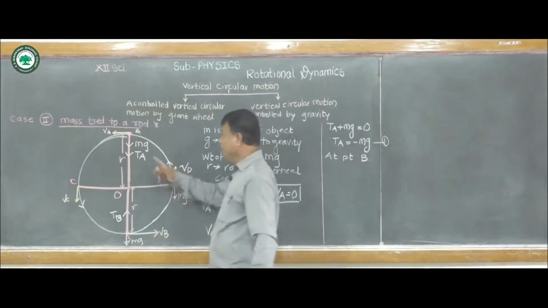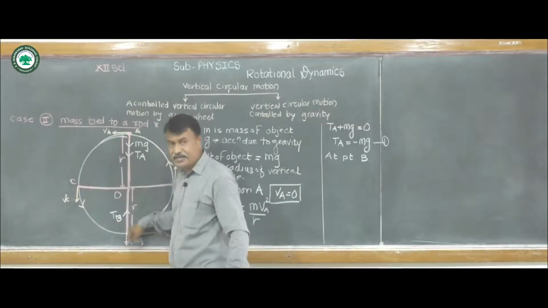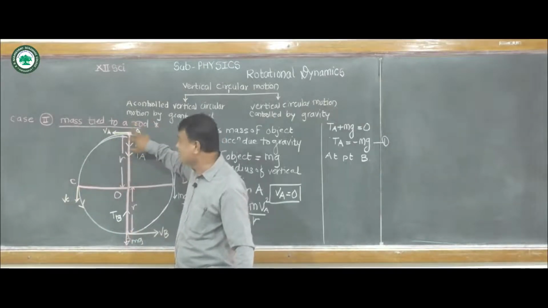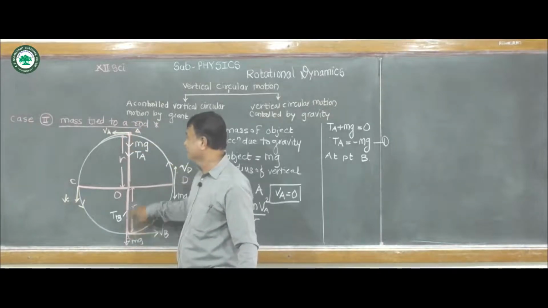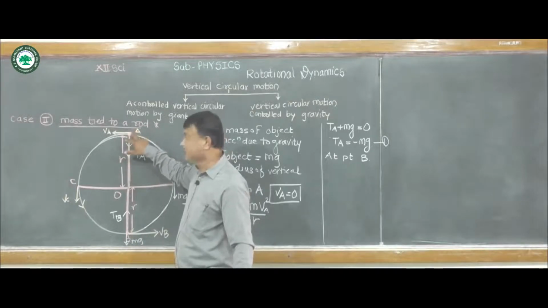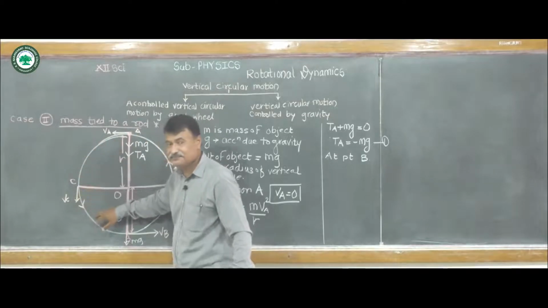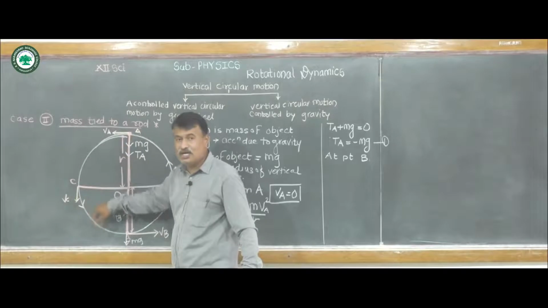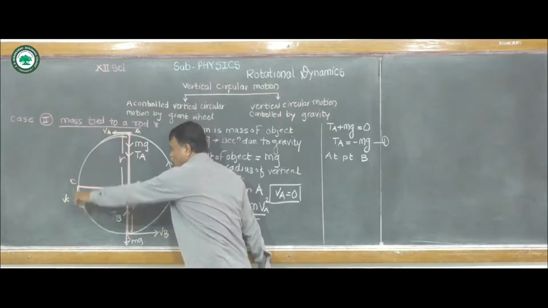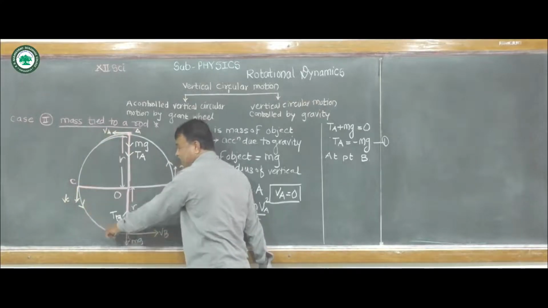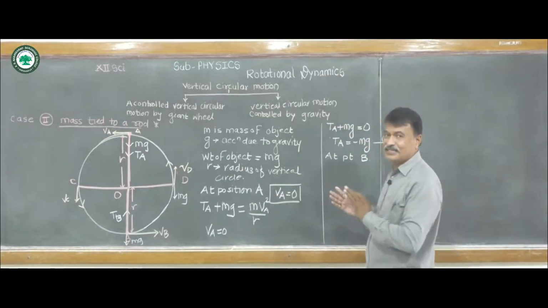we know that when this point mass revolves along the vertical circular motion from A to B, at A there is maximum potential energy, and at B there is maximum kinetic energy. When the particle moves from A to B, its potential energy goes on decreasing and kinetic energy goes on increasing, meaning there is a change in the potential energy and a change in the kinetic energy.